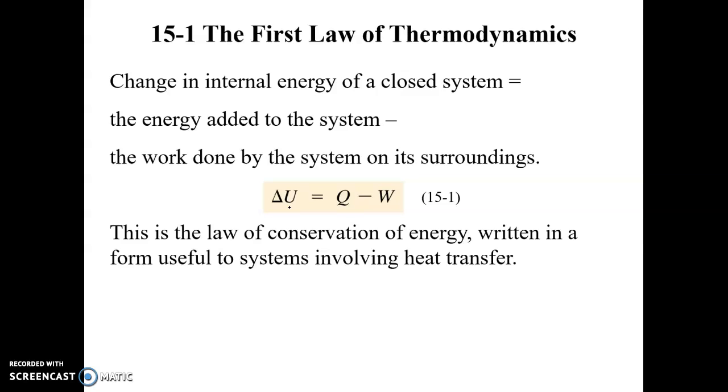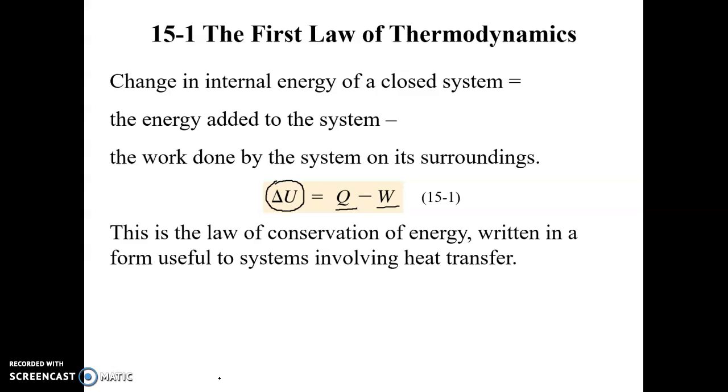So the change in the total amount of internal energy is equal to Q. Now we used Q before to denote heat flow. So the heat goes in and work goes out.